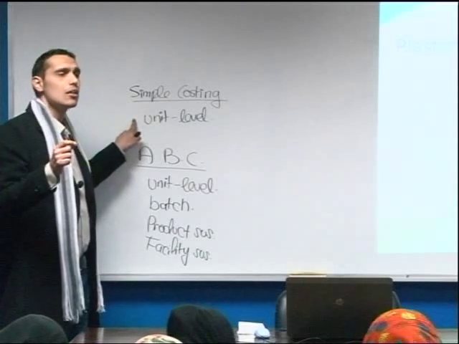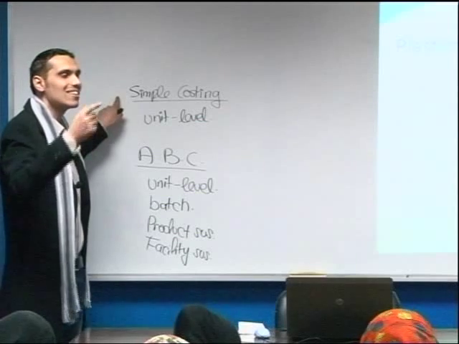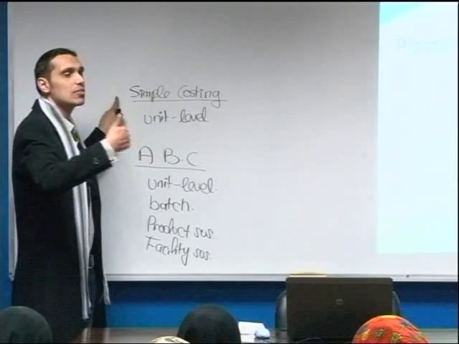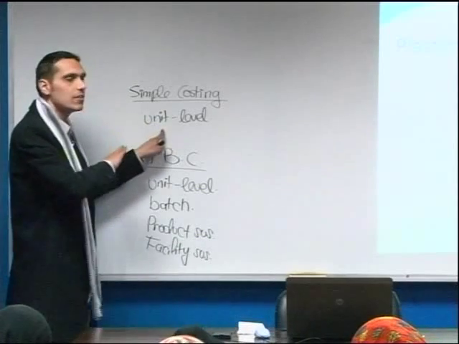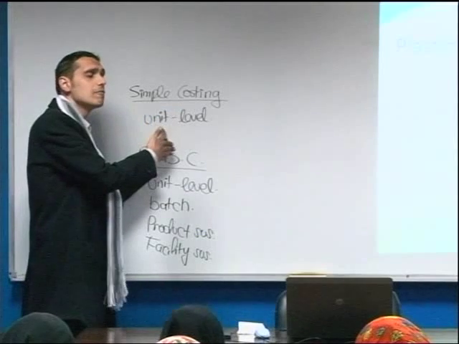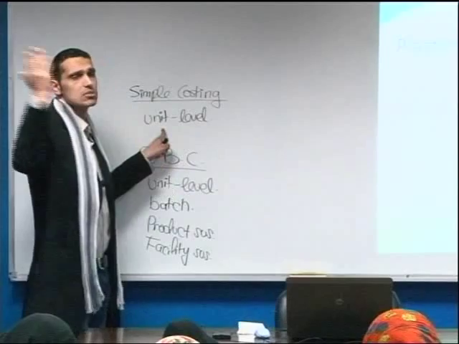That means that simple costing only considers the cause and effect relationship between the cost and the cost driver on a unit level, and that's it. Sometimes this would have a good cause and effect relationship with the cost itself. Sometimes.